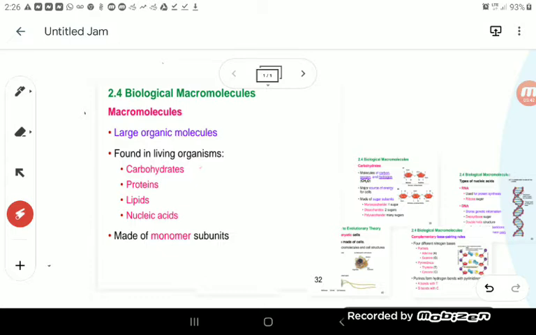The carbohydrates are broken down into ATP, which, if you remember, powers the proteins. The proteins do the work. The nucleic acids are the information or the instructions for making the proteins. The carbs can be broken down into ATP, which powers the proteins. And the lipids kind of protect everything.